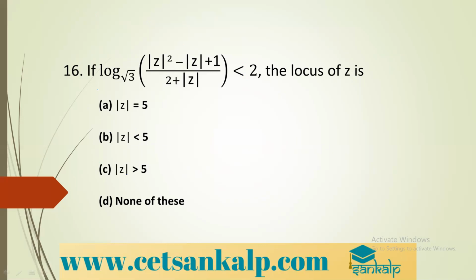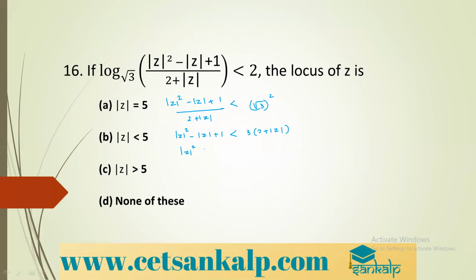So first of all, if you take the given expression and if you want to remove the log, modulus of z square minus modulus of z plus 1 by 2 plus modulus of z will be less than square root of 3 whole square. To remove the log, I did this. Or further simplify, modulus of z square minus modulus of z plus 1 will be less than 3 into 2 plus modulus of z.